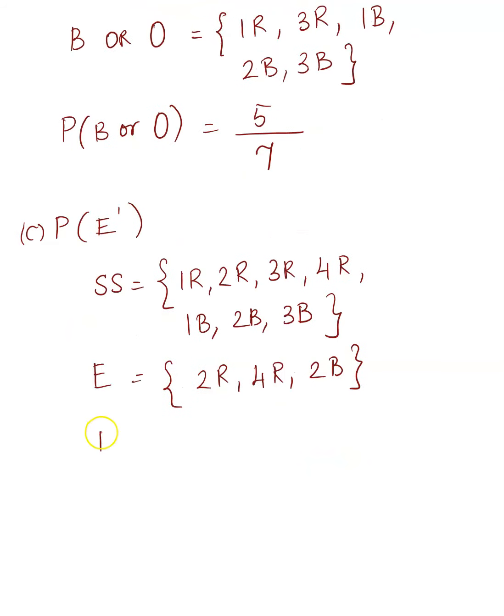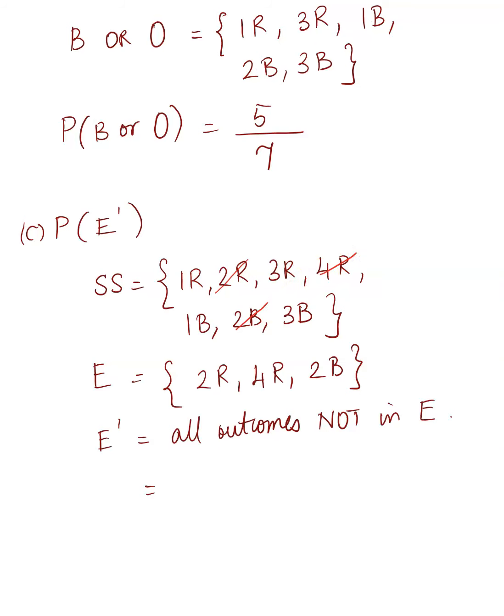And we know that E prime is all outcomes not in E. That means in your sample space, it's as if you're eliminating the 2 red, the 4 red, and the 2B, and collect only what's remaining.